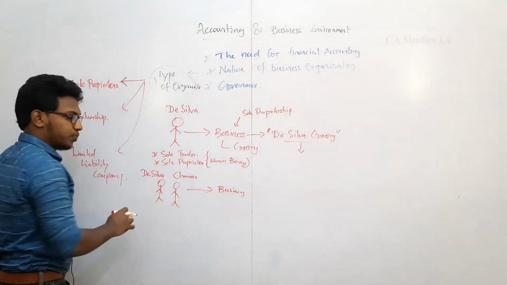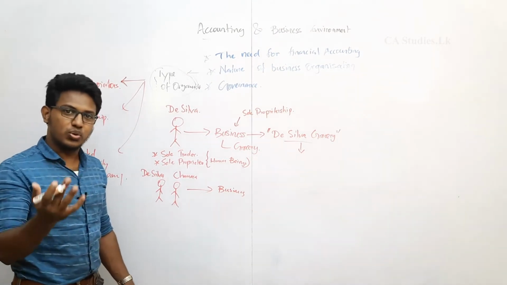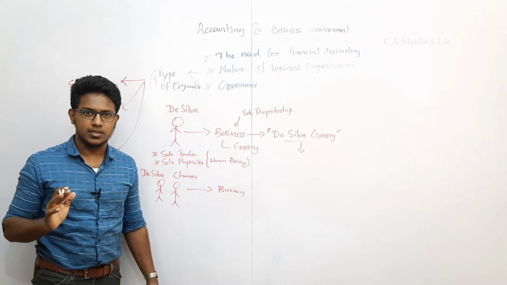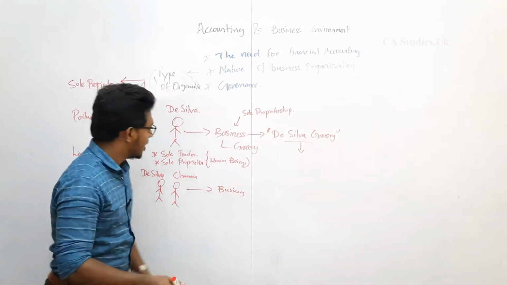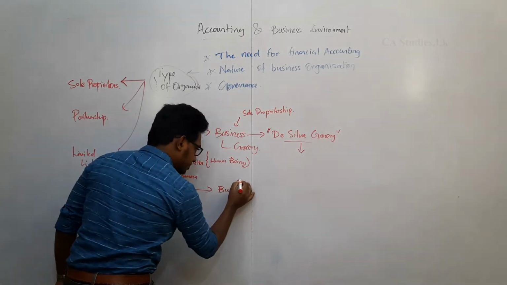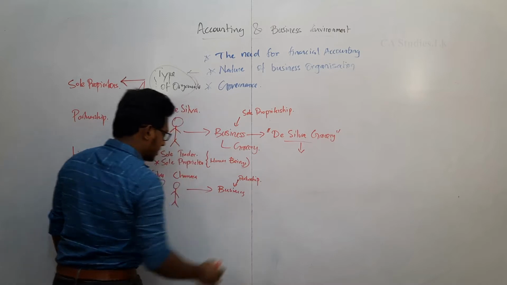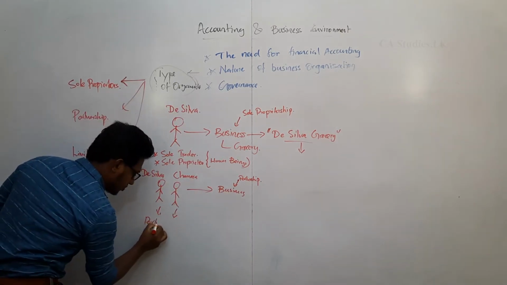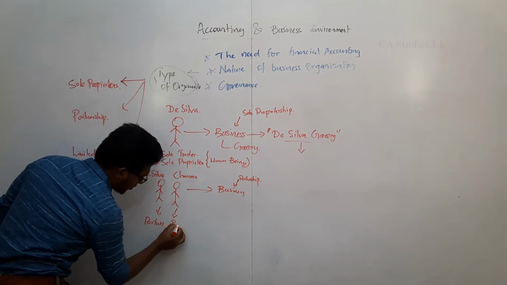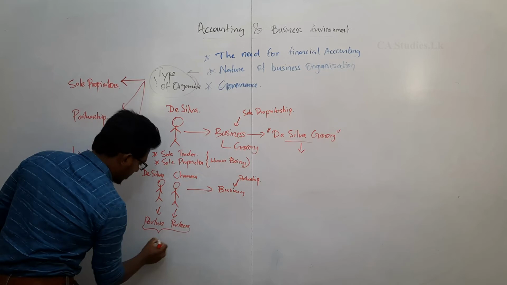If two persons, or more than one person, meaning any number of persons, join and together do the business, that is called partnership. These persons are called partners. Partners also should be human beings. Very important.